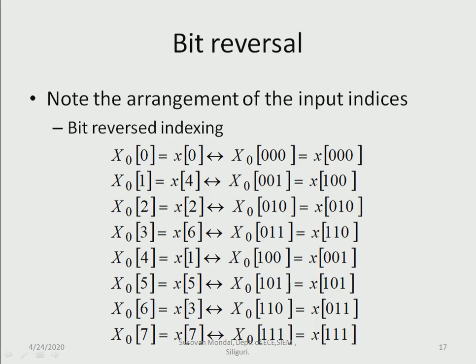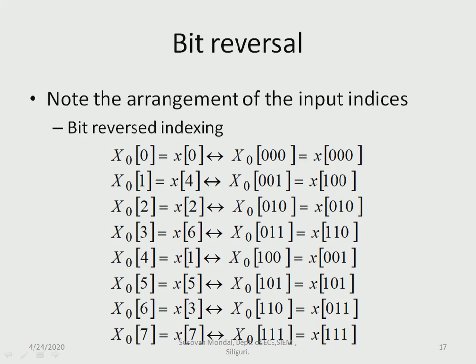Now, what is bit reversal? Bit reversal is nothing but, if we write the indices x of 0, x of 1, x of 2, x of 3, x of 4 in binary digits. So x of 1 is equal to basically x of 4.